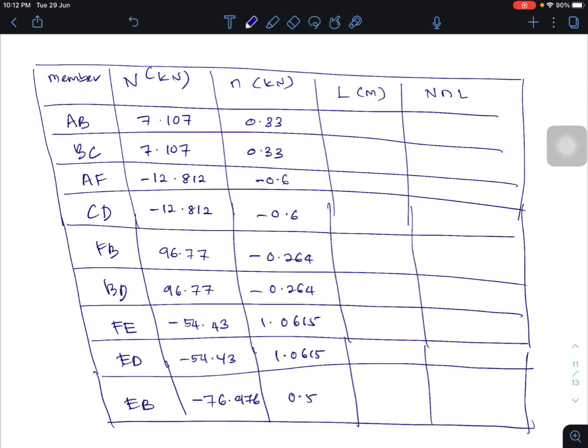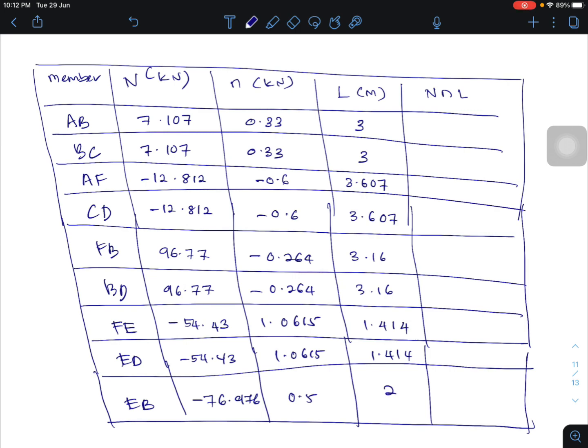Now the length of each member is 3 meter, 3 meter, 3.607, 3.607, and then 3.16, 3.16, 1.414, 1.414, and this one is 2 meter.